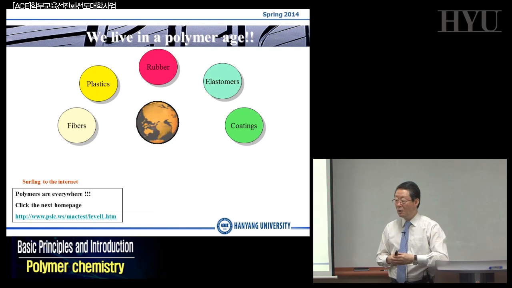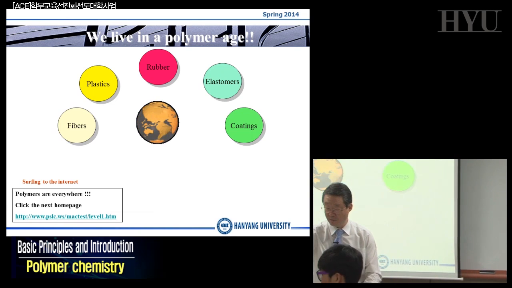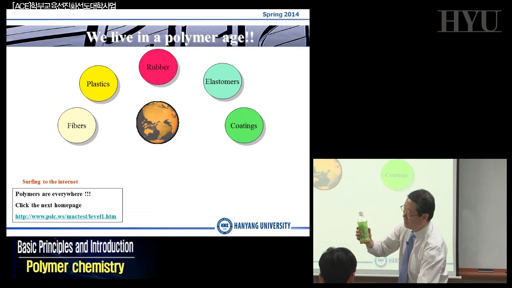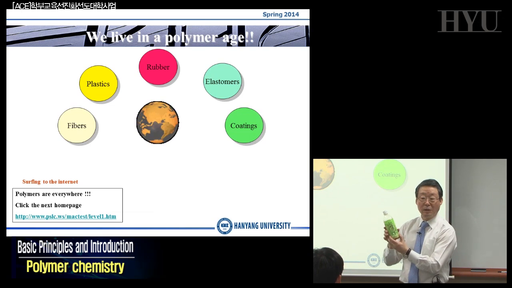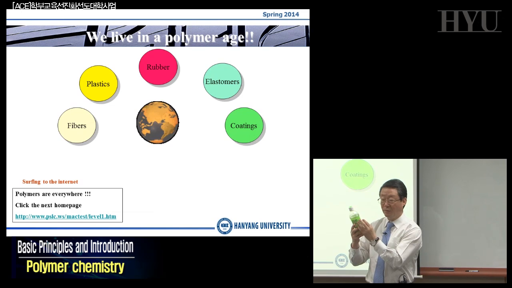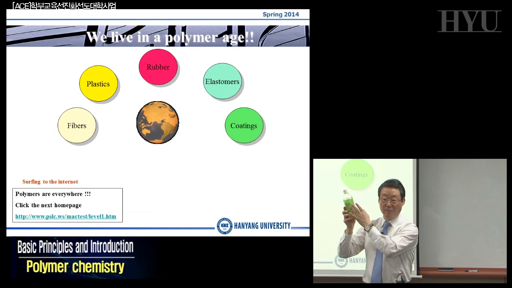For example, can I take a look at this bottle? Okay. You have a film. Perhaps this film or plastic was coated with some characters. But I believe this film or the plastic was treated with something so they can coat on top of this film or fiber or the plastic.